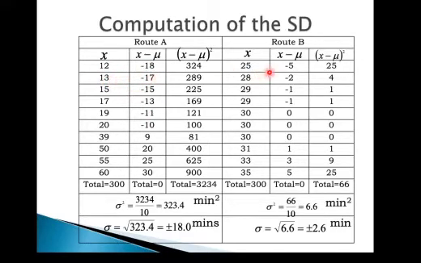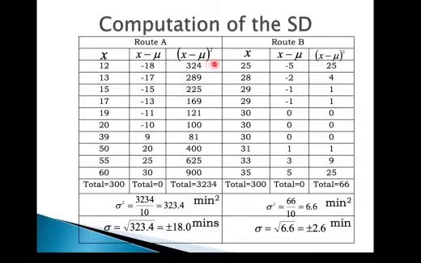In much the same way, the mean is 30 for route B, 25 minus 30 is negative 5, 28 minus 30 is negative 2, and so on and so forth. So we call these the deviations from the mean, and if we add the deviations from the mean, the sum is equal to 0. Much the same way, if we add the deviations from the mean for route B, the sum is equal to 0.